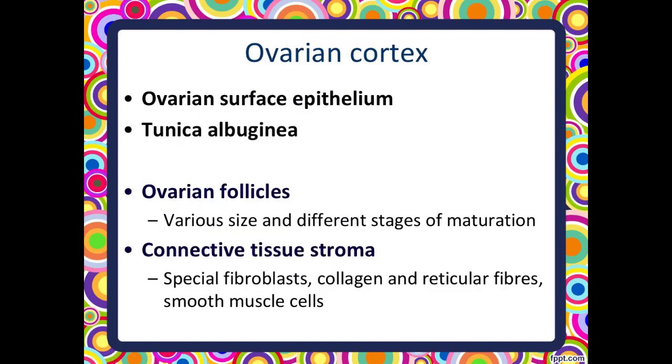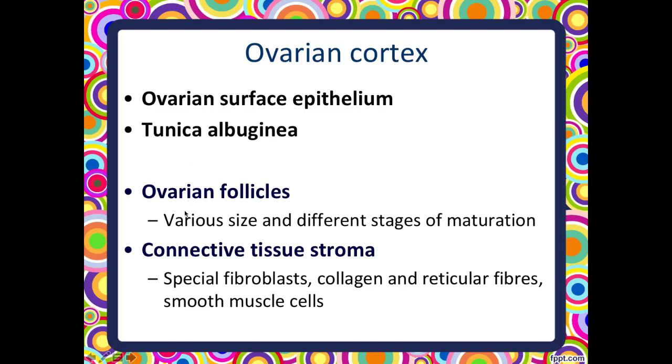Let's start with the cortex. So the cortex contains ovarian follicles in different stages of maturation. Not each one of them, but follicles generally should include an oocyte within.